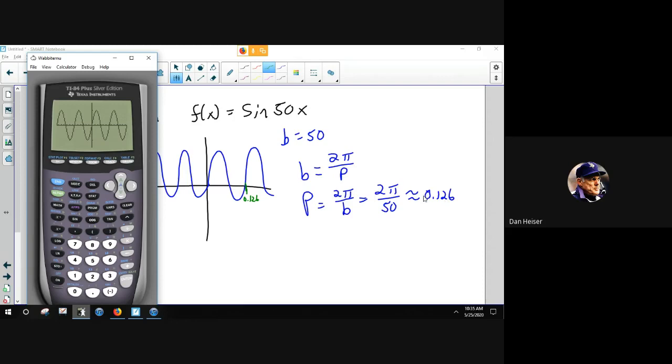What's the actual period? We had to zoom in so far without changing our y-axis that we eventually got down to this value. Yeah, that's pretty close to 0.126. So from here to here, that's 0.126 units of measurement.